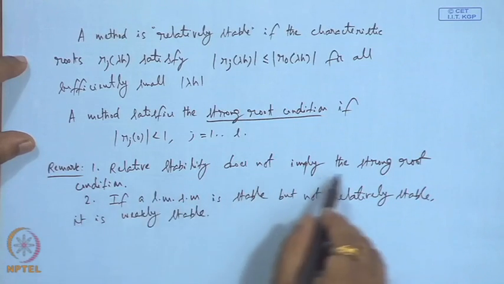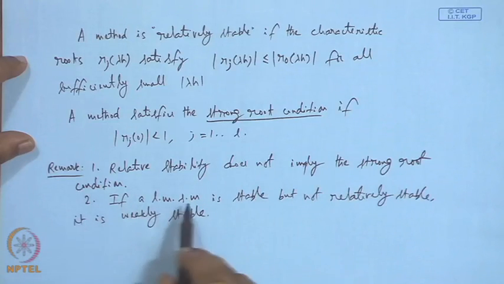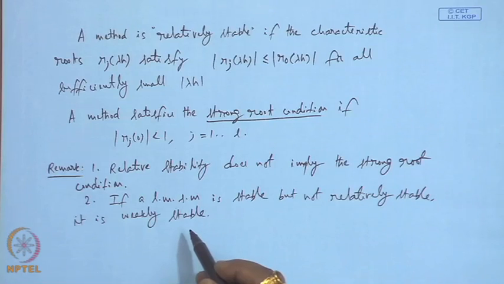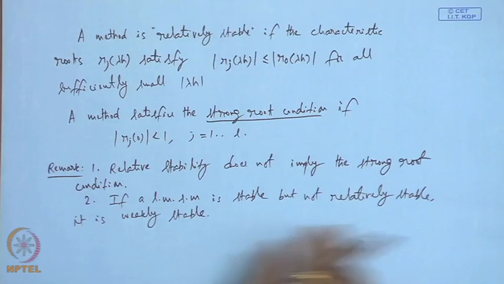So, relative stability does not imply strong root condition, and if a method is stable, but not relatively stable, then we say it is weakly stable, okay.